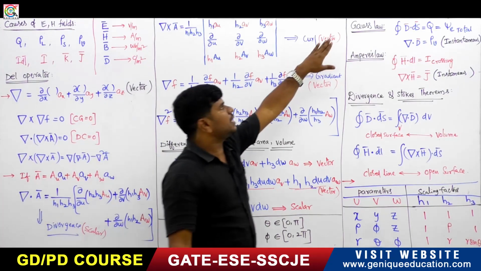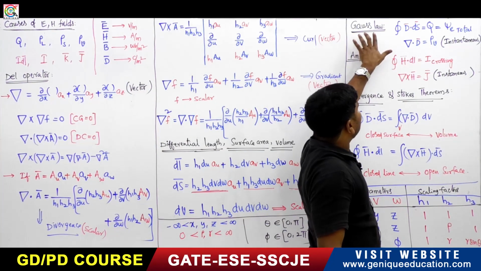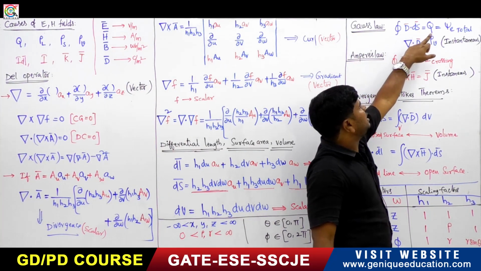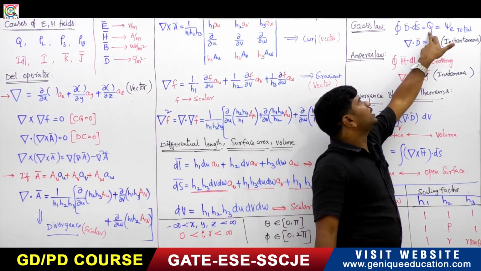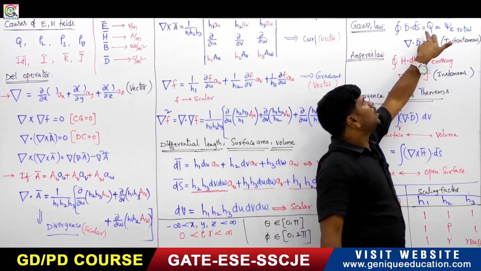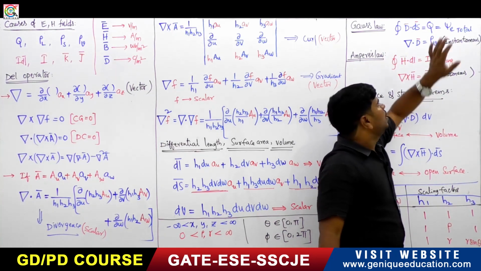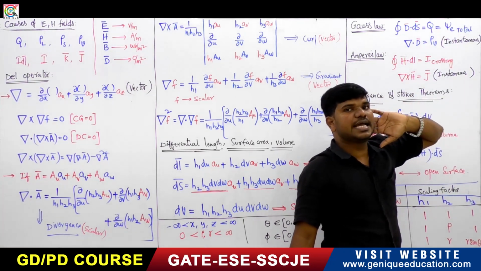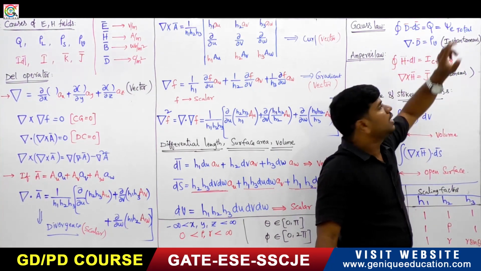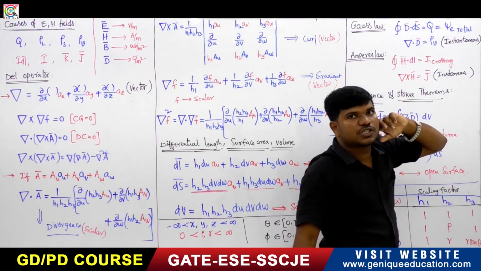Now, what is this Gauss law? Gauss law says that the net electric flux leaving any enclosing surface is equal to the total charge enclosed in that volume. The net electric flux is psi E total. That is equal to the charge enclosed in the volume.